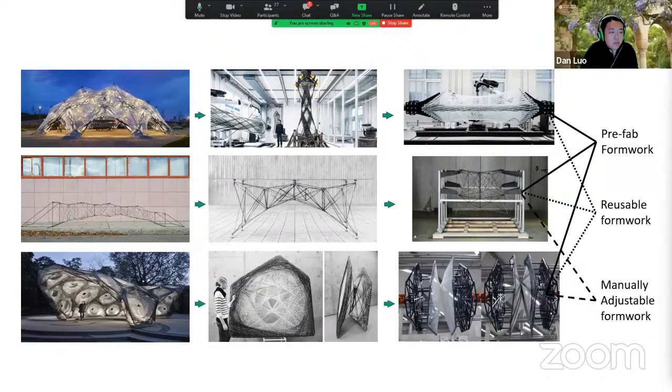They mostly utilize robotic winding methods, which is consistent with how we usually fabricate FRP components in industry, either for aerospace or automotive. Most of them require prefab formwork and anchor points for the fibers to be mounted on, and that formwork can further be used as connection joints that extend the structure, connecting one component with another.